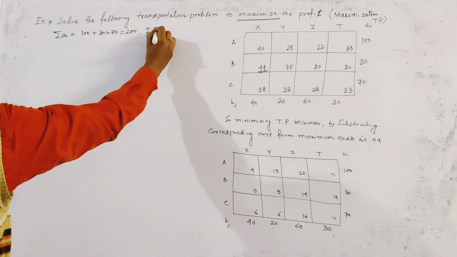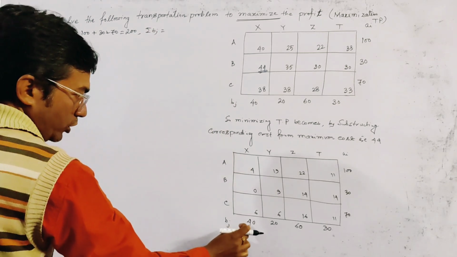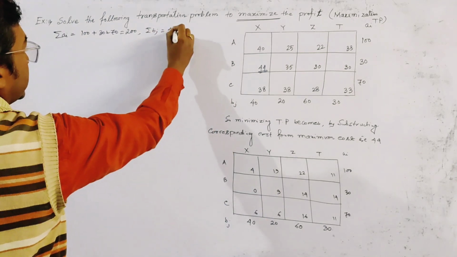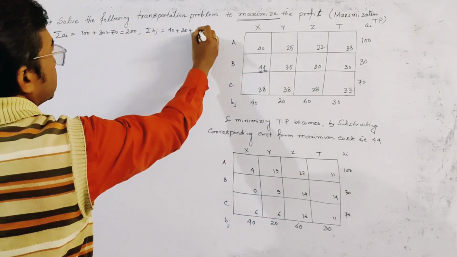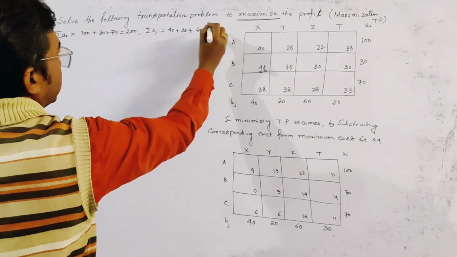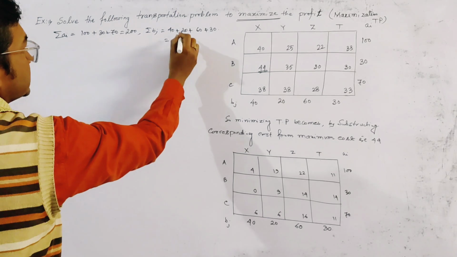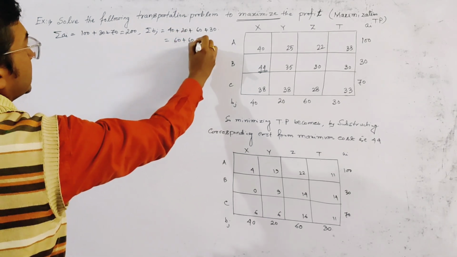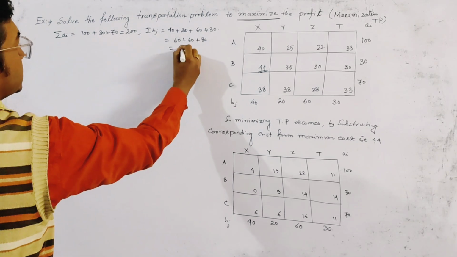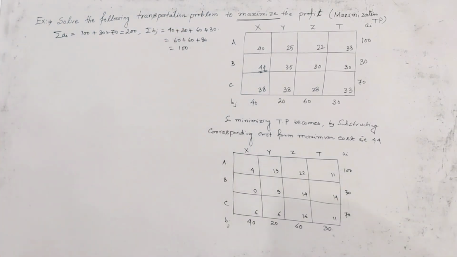And summation bj is given by 40 plus 20 plus 60 plus 30, and clearly this is 150.